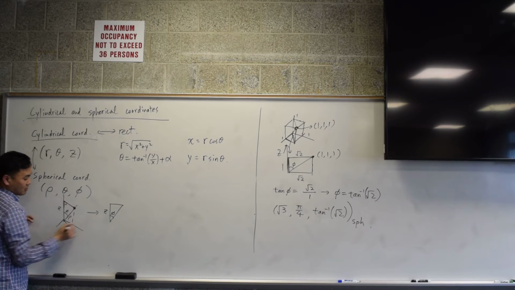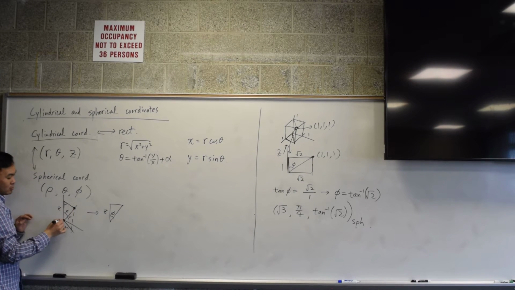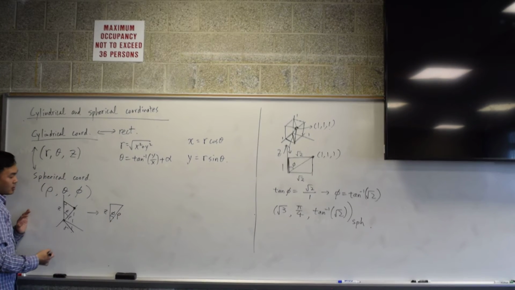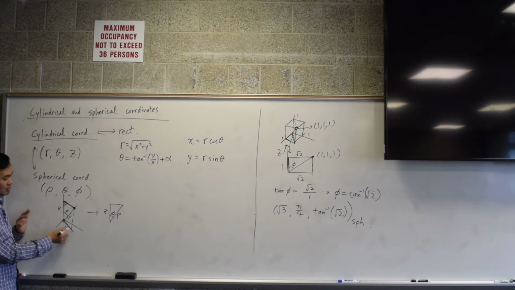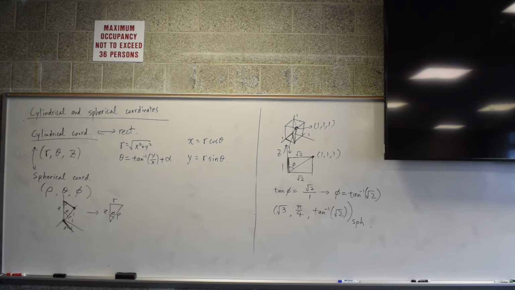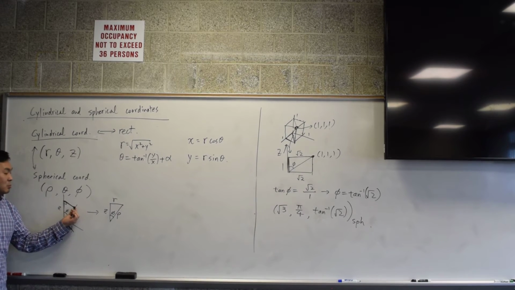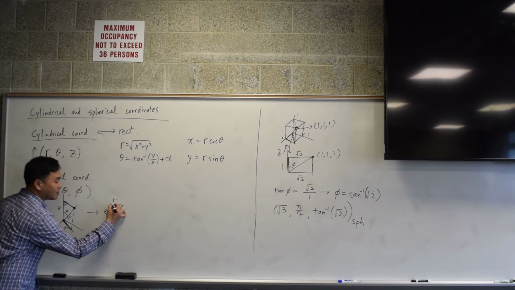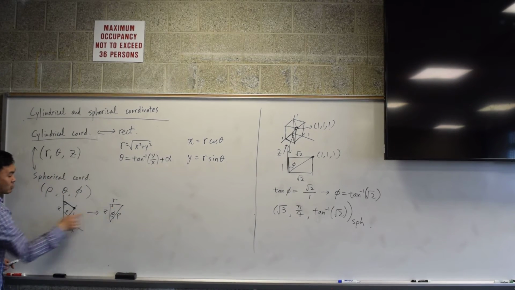And this is the distance from the origin to that point, so that's rho. And this distance here is same as this distance, so that's r. So you can think of the r as the distance from the point to the z-axis. Okay. So that's the picture, and it's a right triangle. This right triangle is drawn here as a three-dimensional picture.